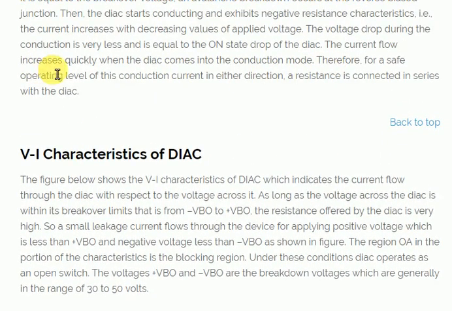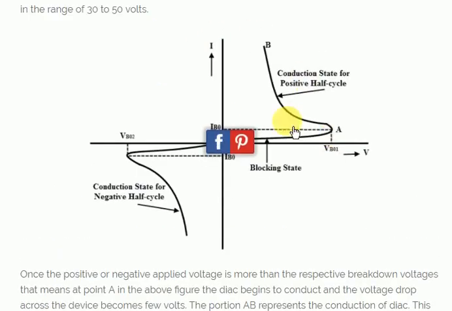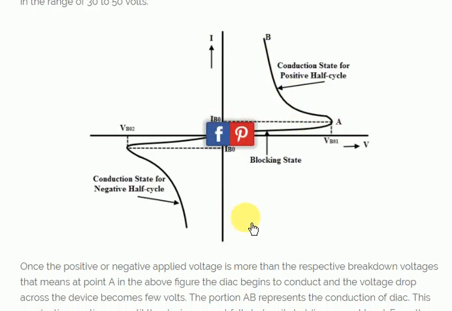The current flow increases quickly when the diac comes into conduction mode. So when it starts conduction mode, the current increases quickly and the voltage will decrease.